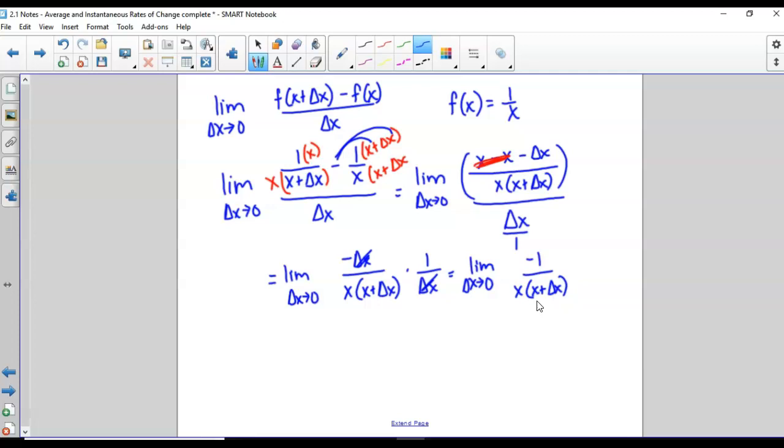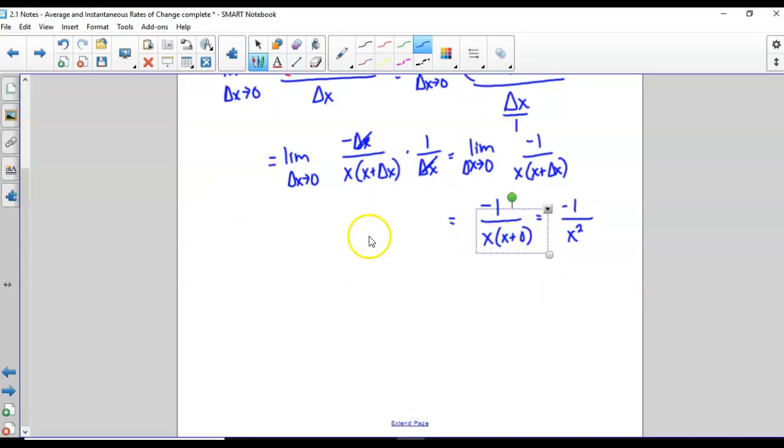Alright, so something's canceled here. We're going to plug in 0 for our delta x, which will give us negative 1 over x times x plus 0. So that's negative 1 over x times x. X times x is x squared. So I did all of that work.